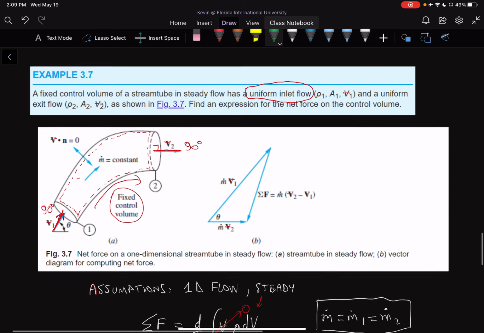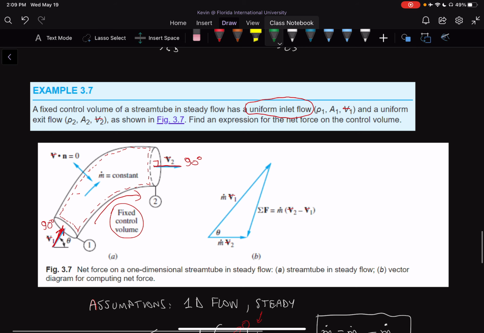Therefore, the sum of the forces can be computed by joining the ends of those two vectors together using a vector technique. But I think it's easier to use just the general equation and solve from the general equation. Okay, it makes it a little bit easier to understand what's happening.